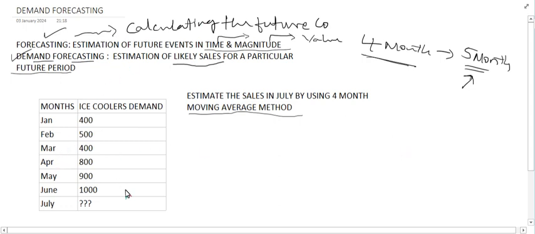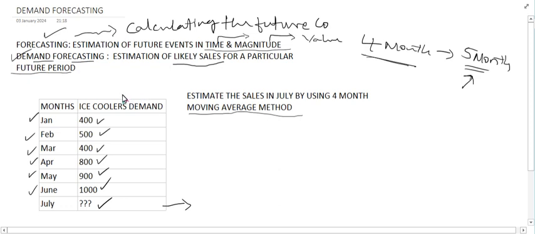There are different methods where you can calculate the future values. As you can see in this case, I have taken one simple example. I have considered a company which manufactures ice coolers, and they have given data for different months of how much the demand was. That means how much they have sold across all 6 months, and for the 7th month I need to calculate the demand for July.